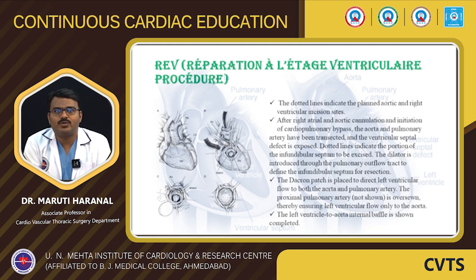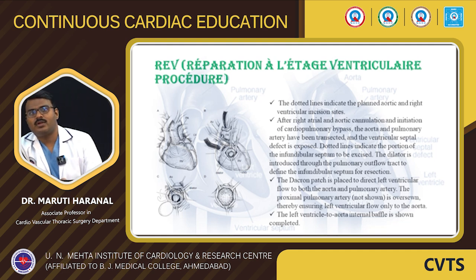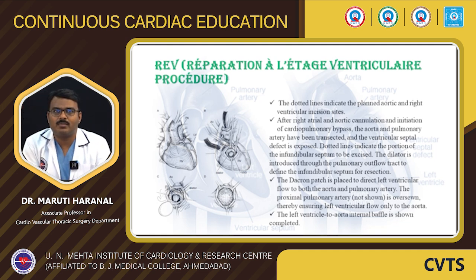We pass a Hegar dilator through the pulmonary annulus to define the infundibular septum, and the infundibular septum is resected to enlarge the left ventricular outflow tract, and intraventricular tunneling is done to divert the left ventricle to the aorta. The cardiac end of the pulmonary artery is oversewn.